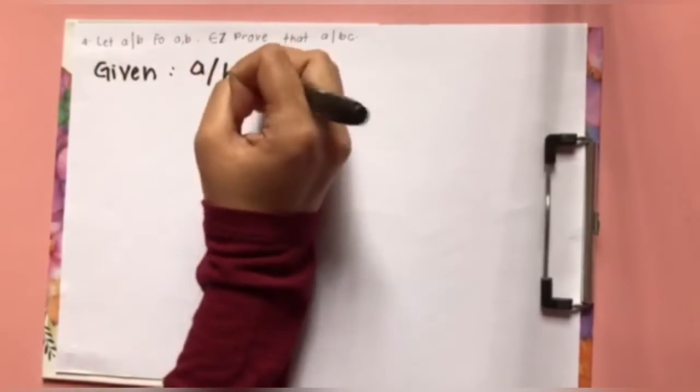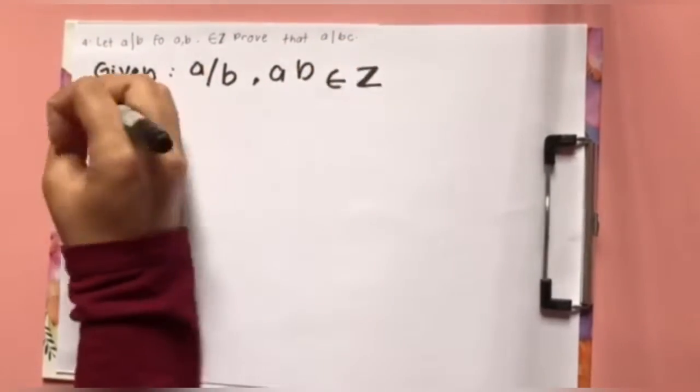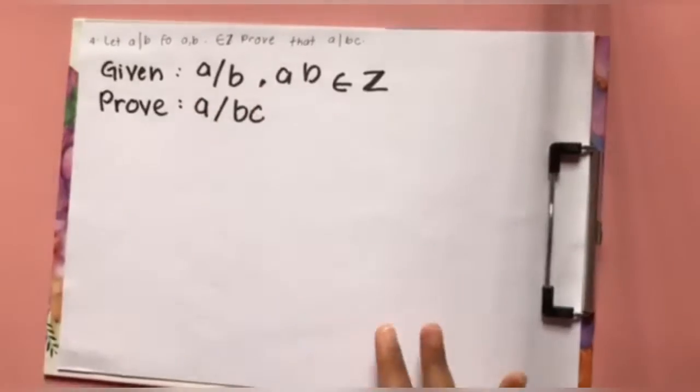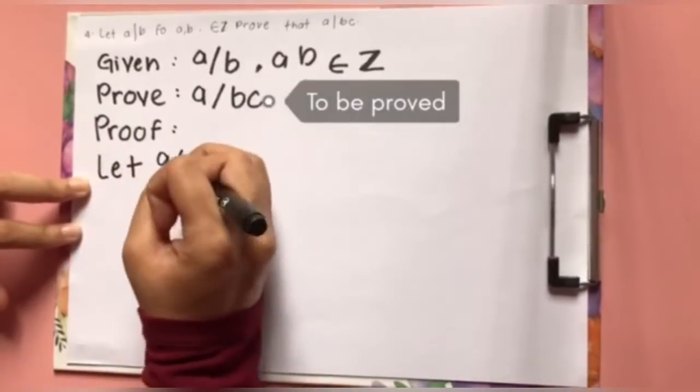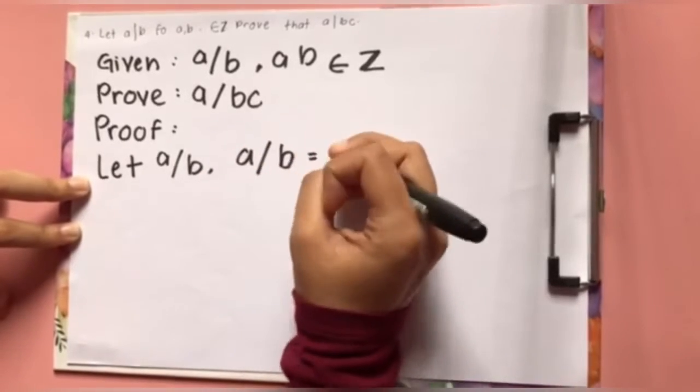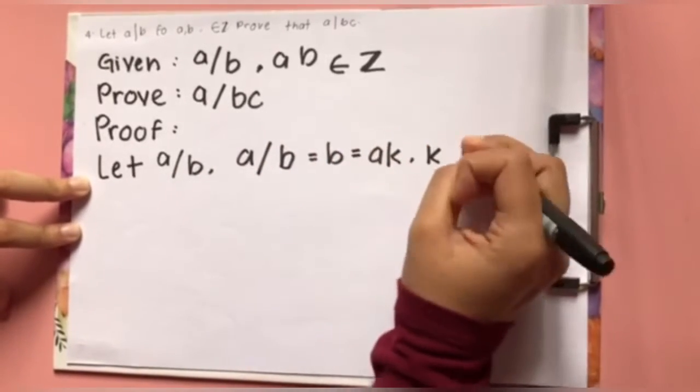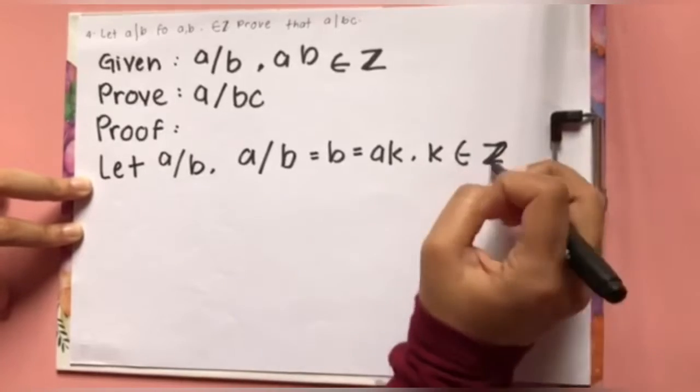Let a divide b and a divide c, which are elements of integers. Prove that a divides bc. Given that a divides b, and b, c are elements of integers. Prove that a divides bc. So, let a divide b, so b equal to ak, and k is an element of integers.